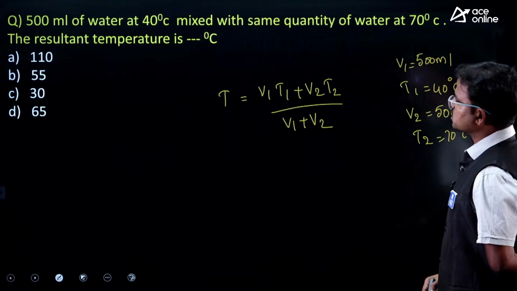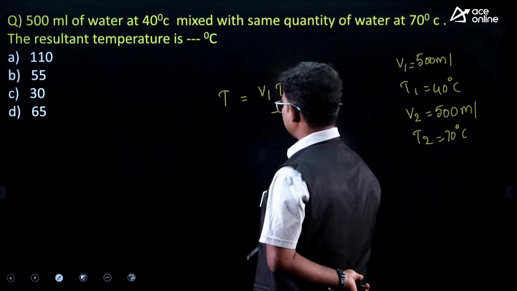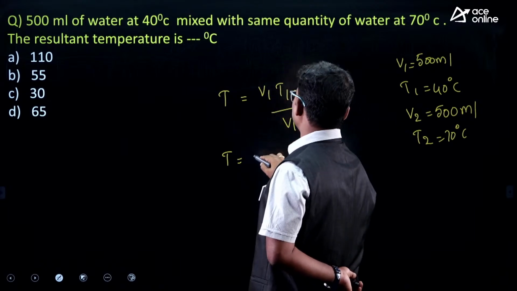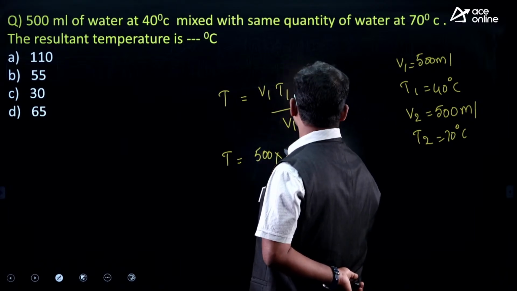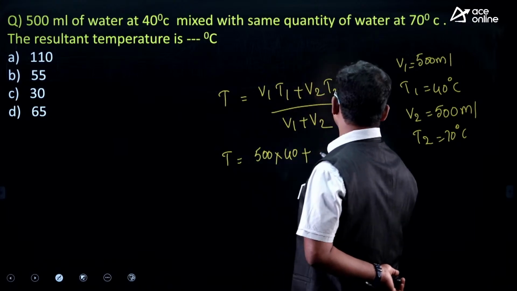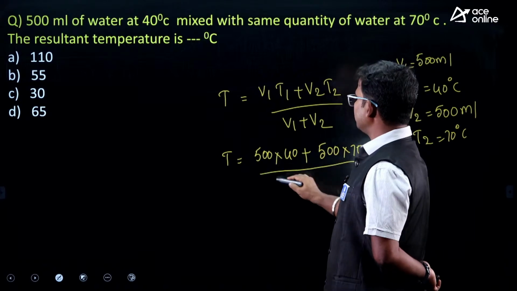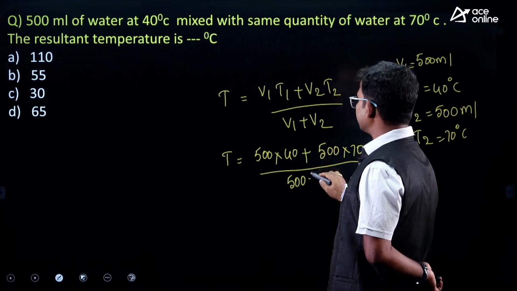So what about the resultant temperature? T is equal to (500 into 40 plus 500 into 70) by (500 plus 500).